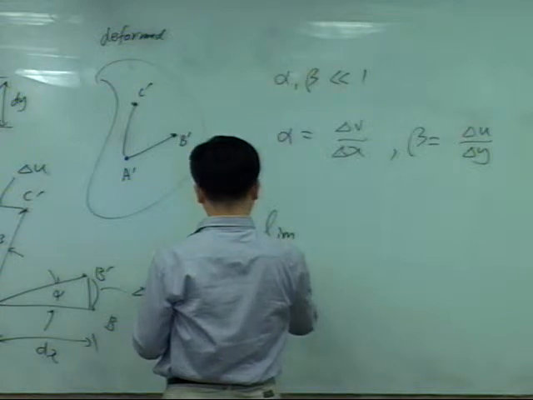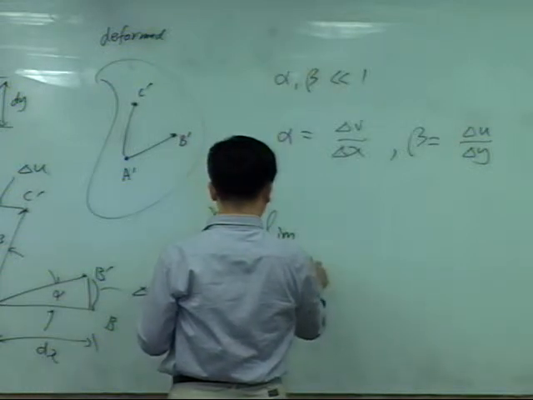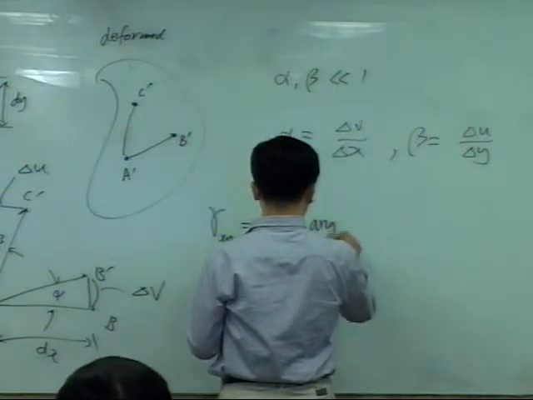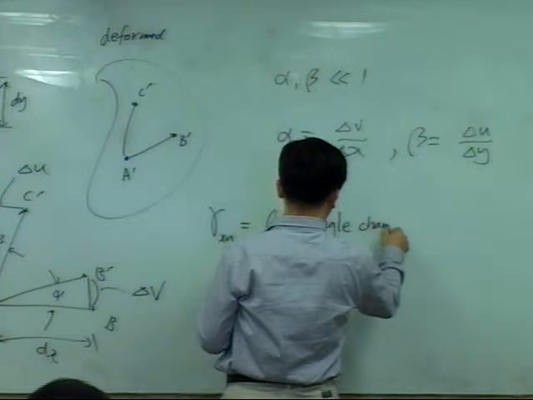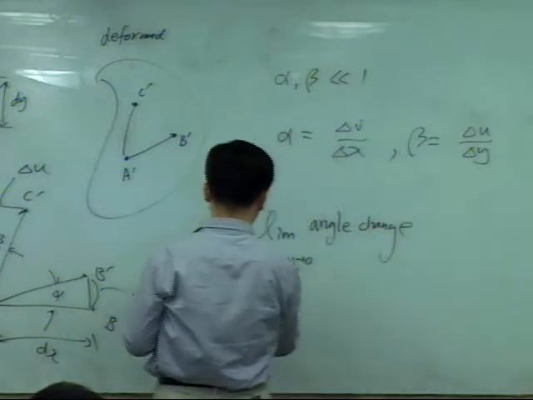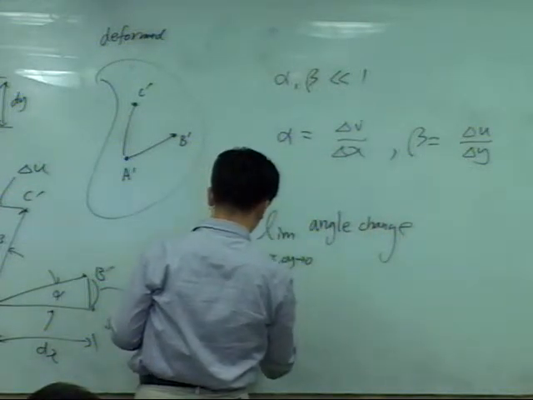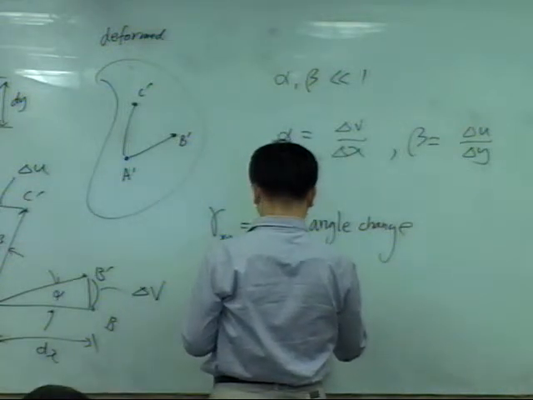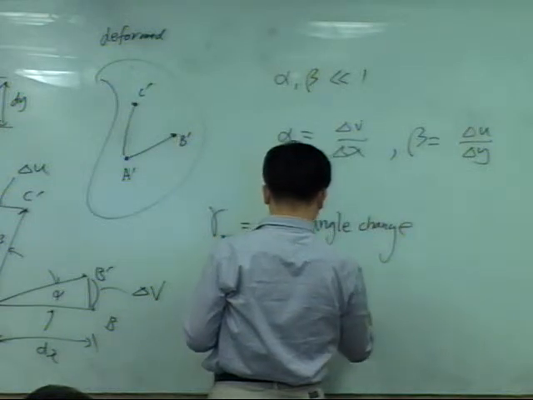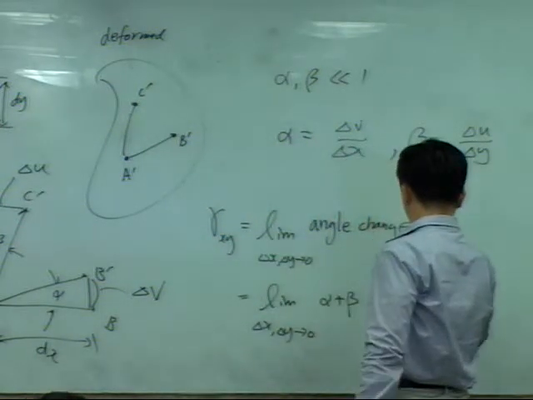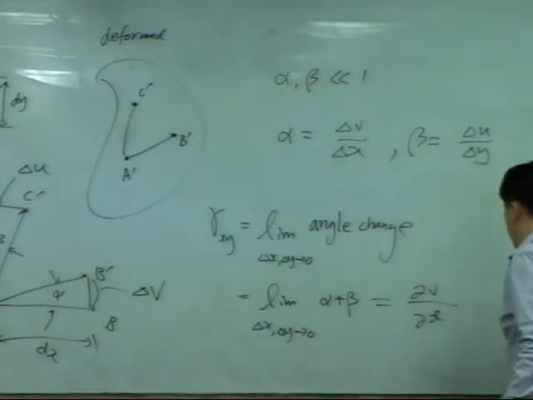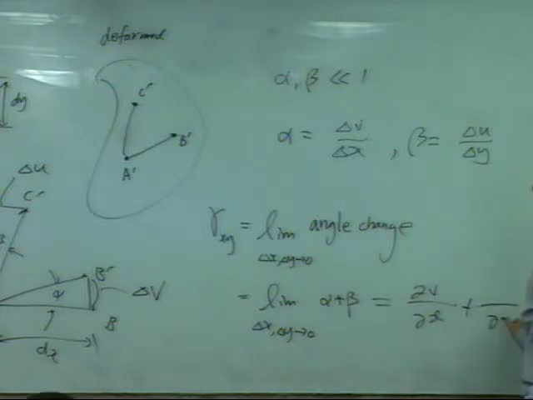Limit delta x, delta y goes to 0 of the angle change, so this is the limit as delta x, delta y goes to 0 of alpha plus beta. This will be partial v partial x, plus partial u partial y. Okay?